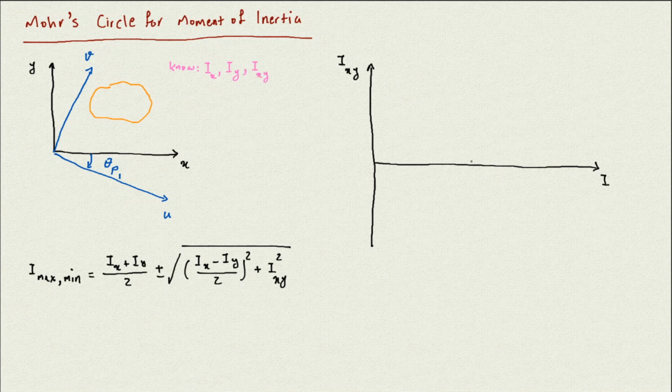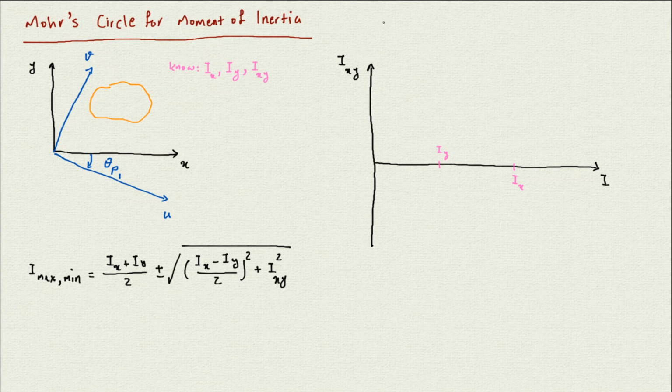Now I mark Ix and Iy on the horizontal axis. Ix is here, and Iy is here. Then I find two points.